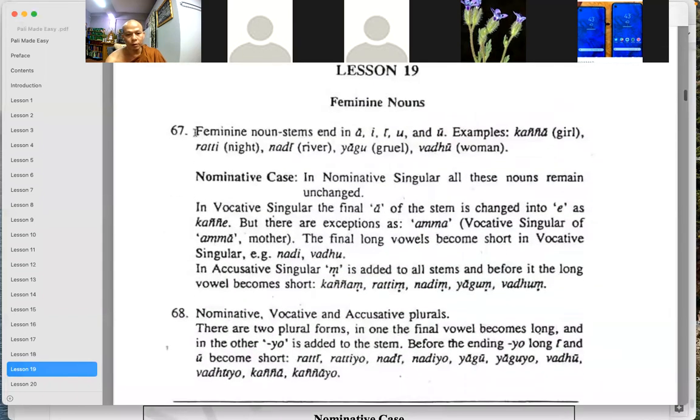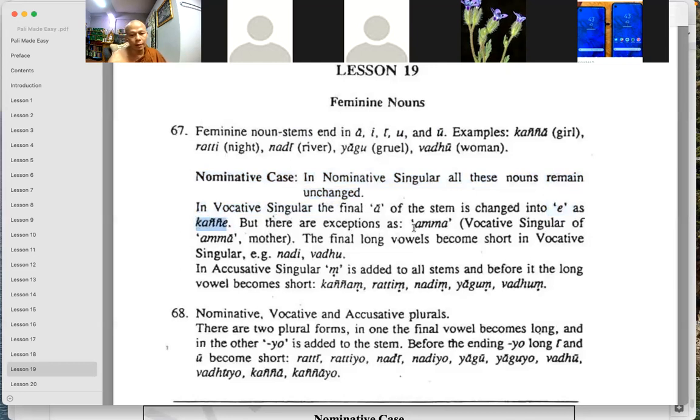Here you see feminine nouns. Feminine noun stems end in long A, long I, long U, and so on. Examples are kanya, rati, nadi, yagu, wadu. In the nominative case singular, all these nouns remain unchanged. So kanya stays kanya, wadu stays wadu, and so on. But in vocative case singular, the final A of the stem is changed to E. So kanya becomes kanye.